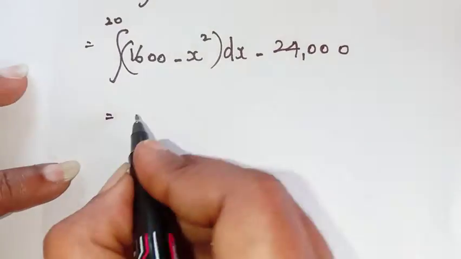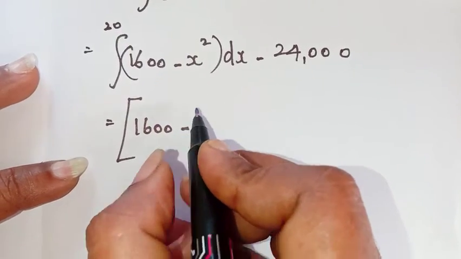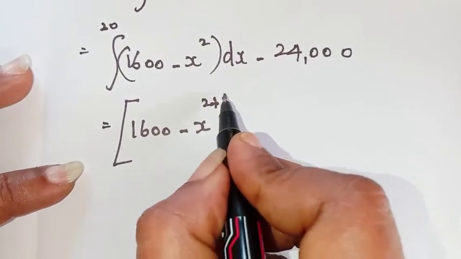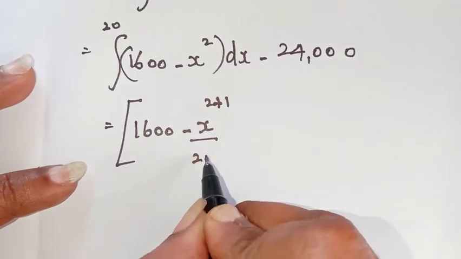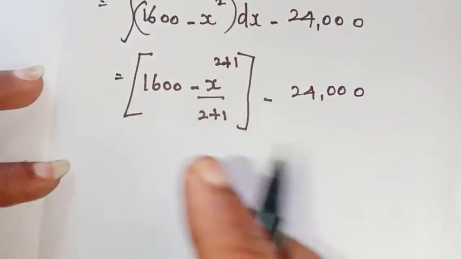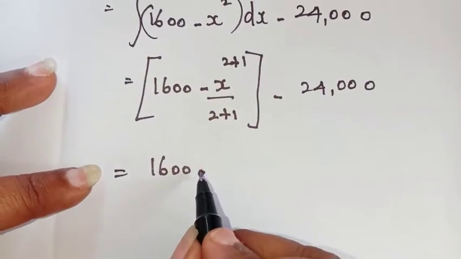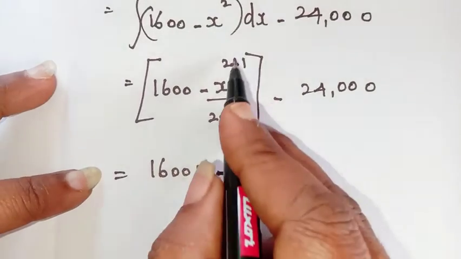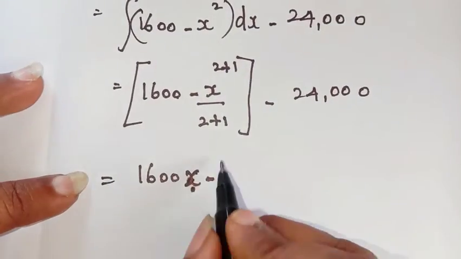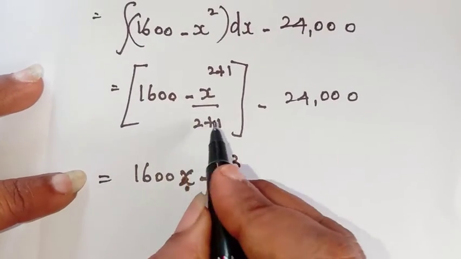Now here again, 1600 minus x square: integrating, the power 2 plus 1 gives 3, so we write x cubed divided by 2 plus 1, which is 3.